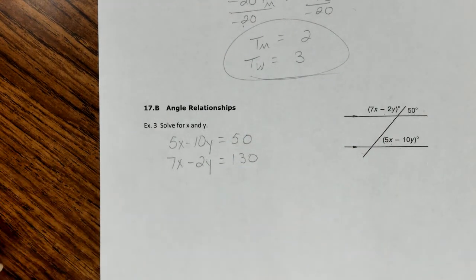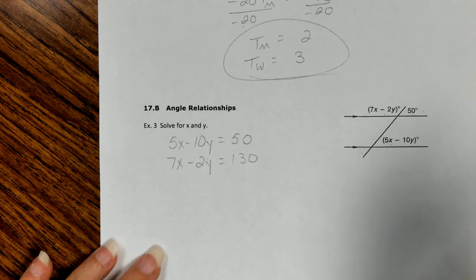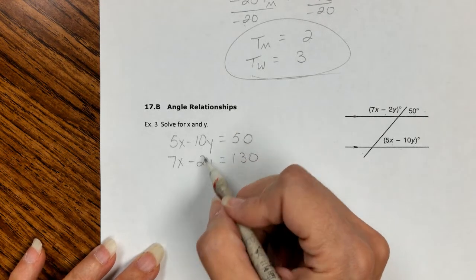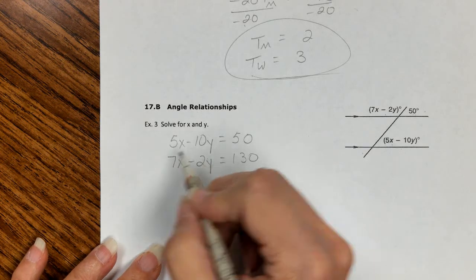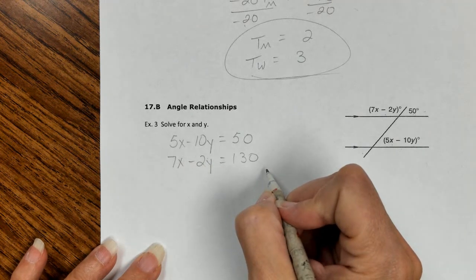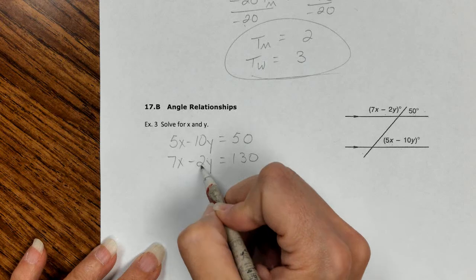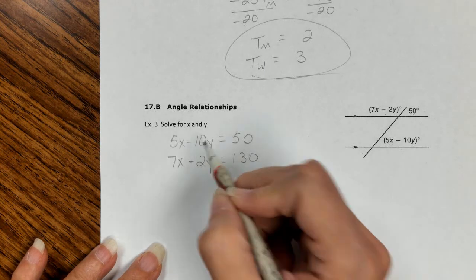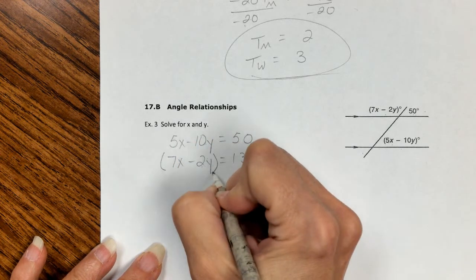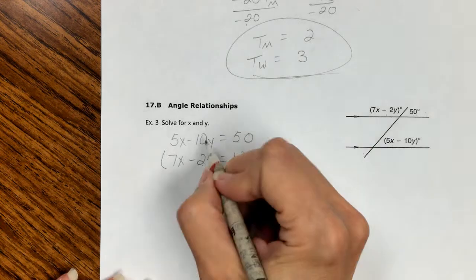Now, I either need to substitute or eliminate in order to solve for x and y. And I did substitution on example 1. I'm going to do elimination on this one. I think I'd rather eliminate y, so I only have to multiply times one of the equations. Because if I take 5 times 2, I'm getting 10. Only thing is, I need it to be a positive 10 because the other one's negative.